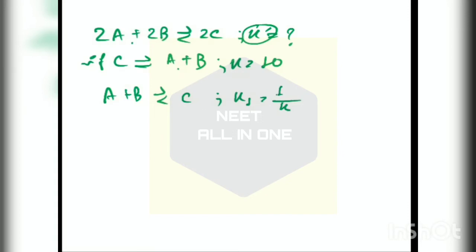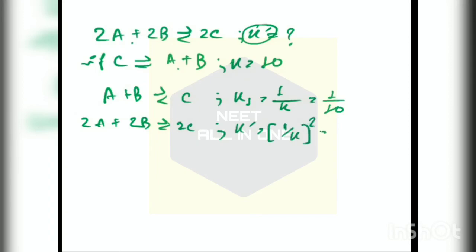Because we have seen that if we reverse the equation, its equilibrium constant will be like this. So it will be 1 by 10. Now if we multiply it by 2, it goes to its power. So what will it be? It will be 1 by 100, and that is our answer. So we have seen an example.